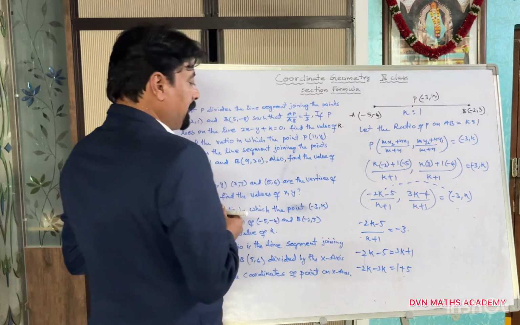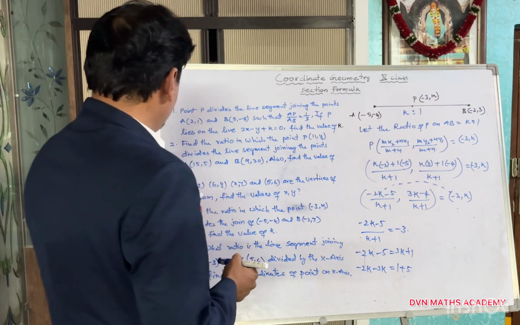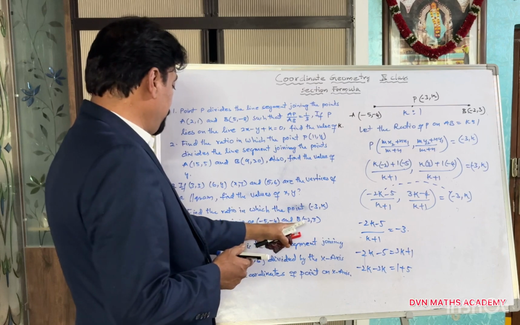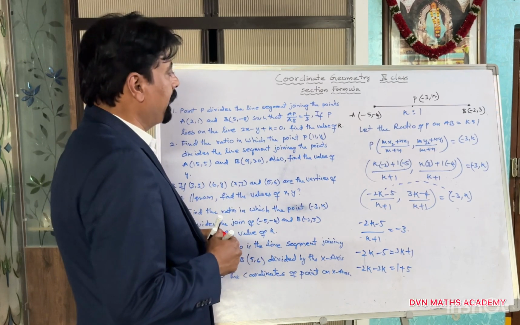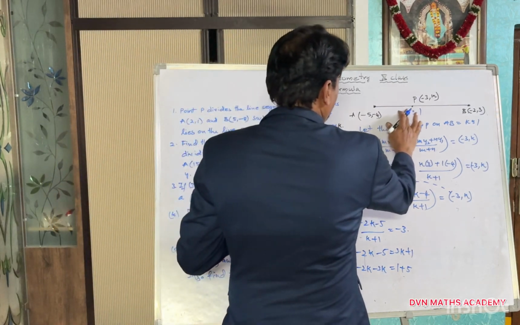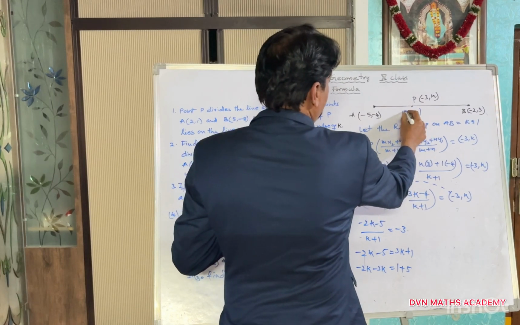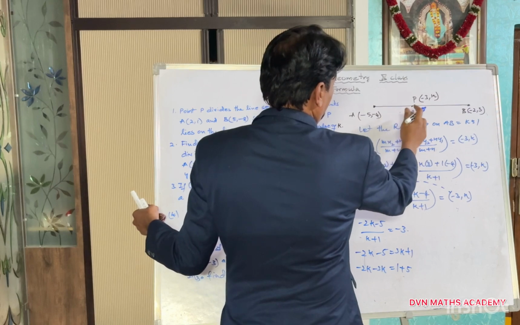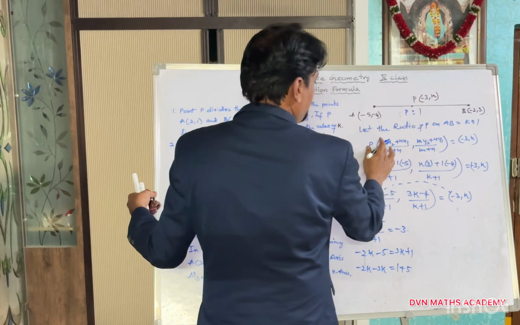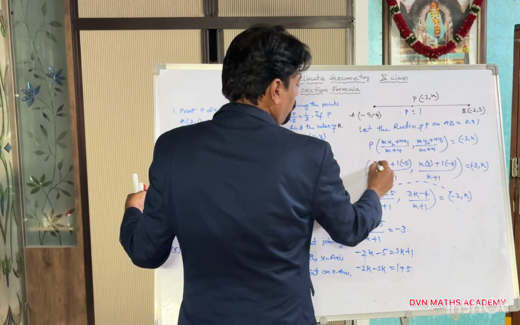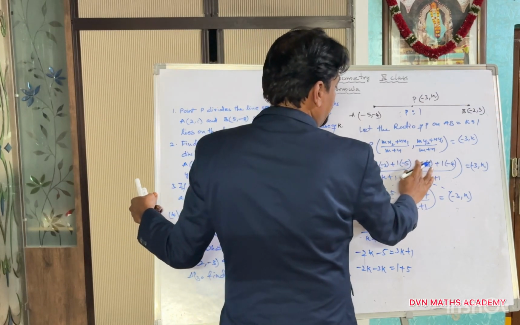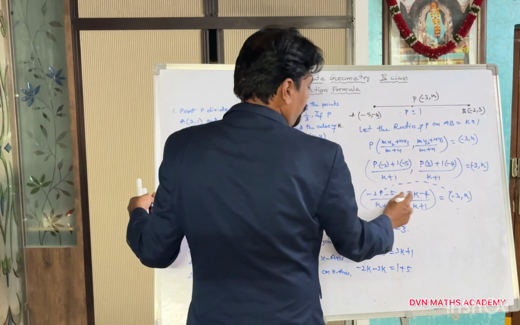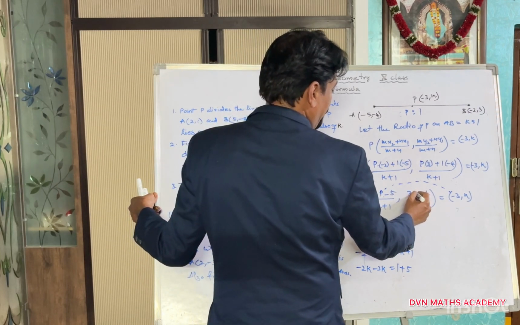Here we did something: we are asked to find the value of k, and the ratio I have also taken as k. If you take the ratio as p is to 1, then p into -2 and p into 3 give -2p and 3p.